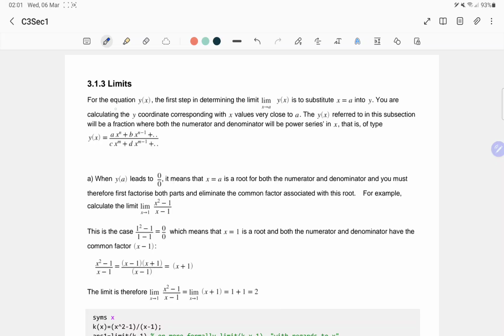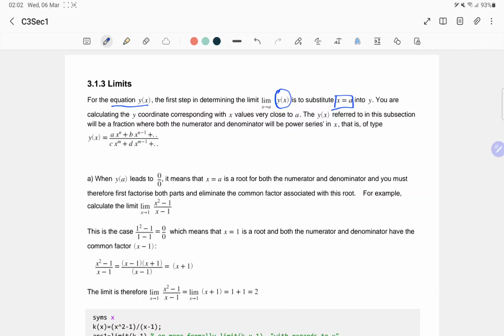So consider the equation y of x. The first step in determining the limit of this equation y of x as x tends to a is to substitute x equals a into y.